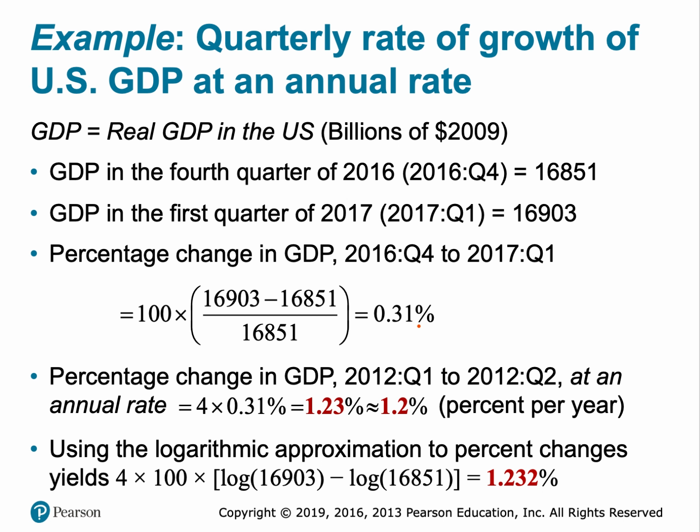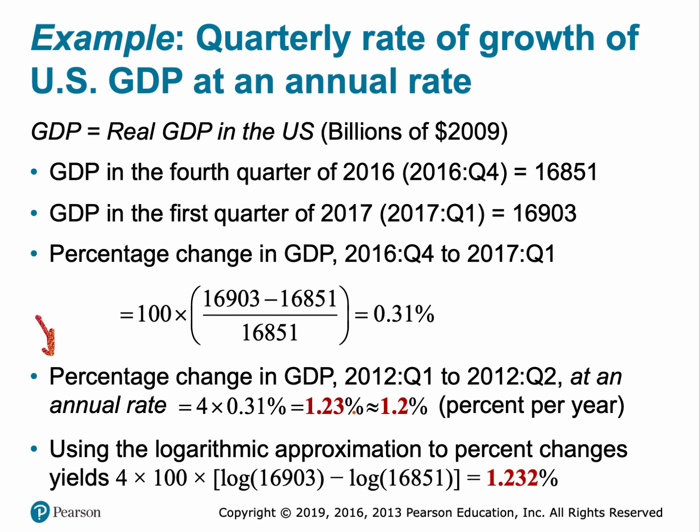The percentage change in gross domestic product from 2012 quarter 1 to 2012 quarter 2 at an annual rate is approximately 4 times 0.31%, which is 1.23% per year. So what is this saying?